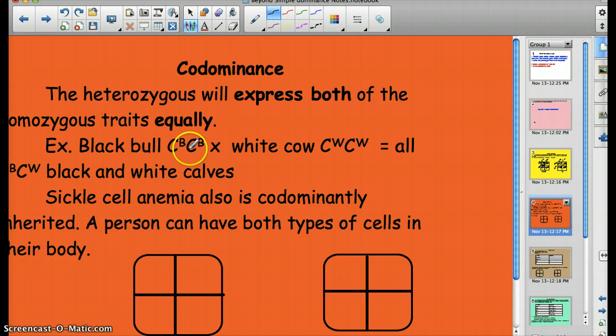So if you look, once again, the C stands for color. So here is my black bull, all right, with a white cow.